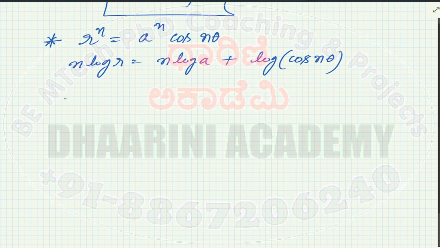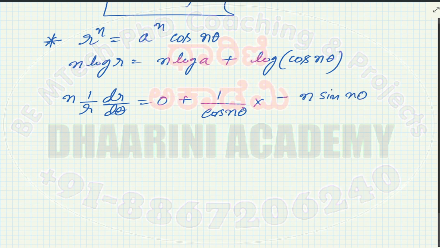So differentiation will give you n into 1 by r dr by d theta is equal to 0 for this term. Then I have plus 1 by cos n theta into differentiation of cos n theta, which is minus n into sine of n theta. So you can see that this n and this n should cancel, and then I am left with cot phi is equal to minus sine by cos, which is tan n theta.